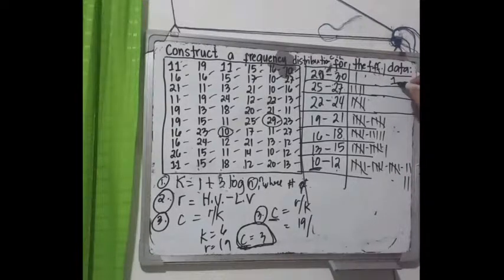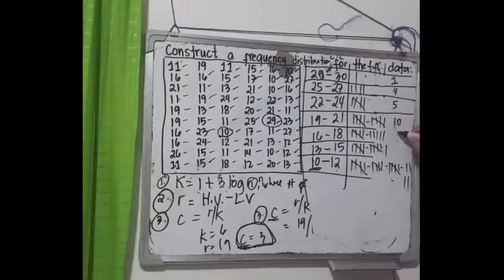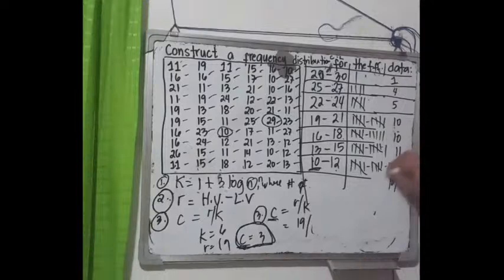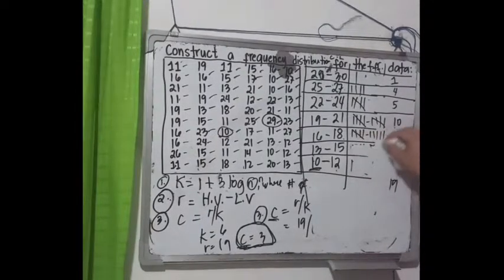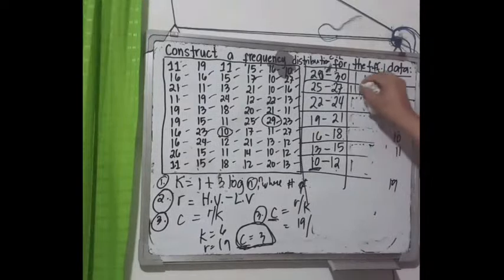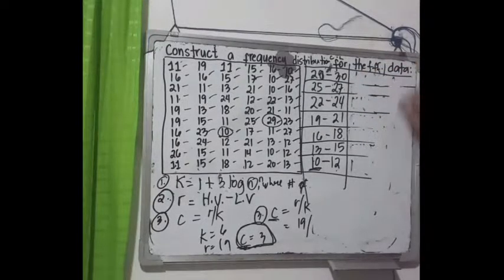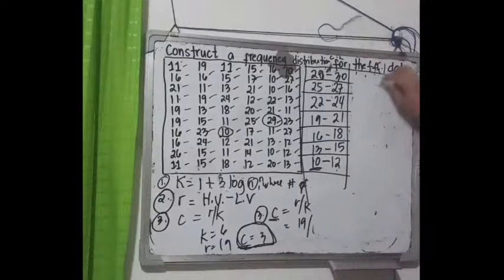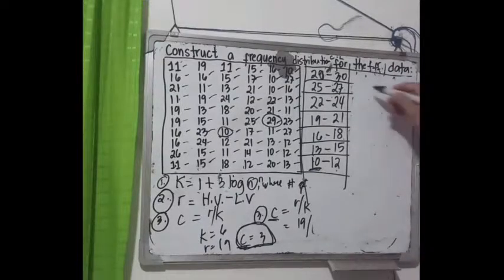So 1, this is 4, this is 5, this is 10, next this is 10, this is 11, and this is 19. So our last is 19. Let's check. That is 19. Let's repeat. That is how to find the frequency.